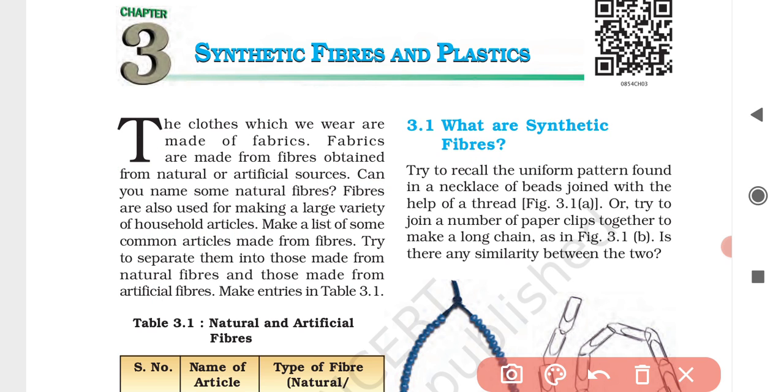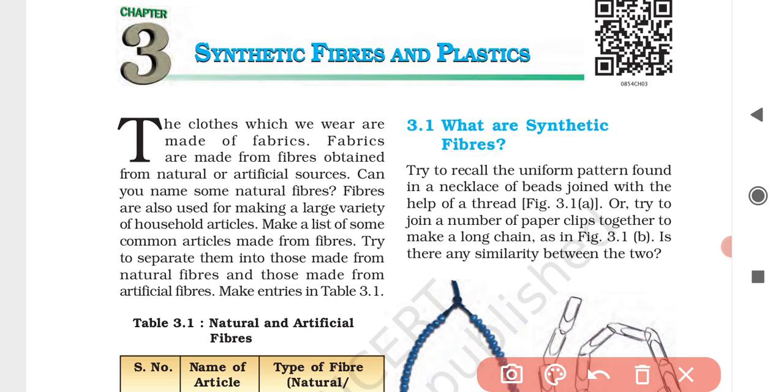And all the fibers are divided into two groups, namely natural fibers and synthetic fibers.